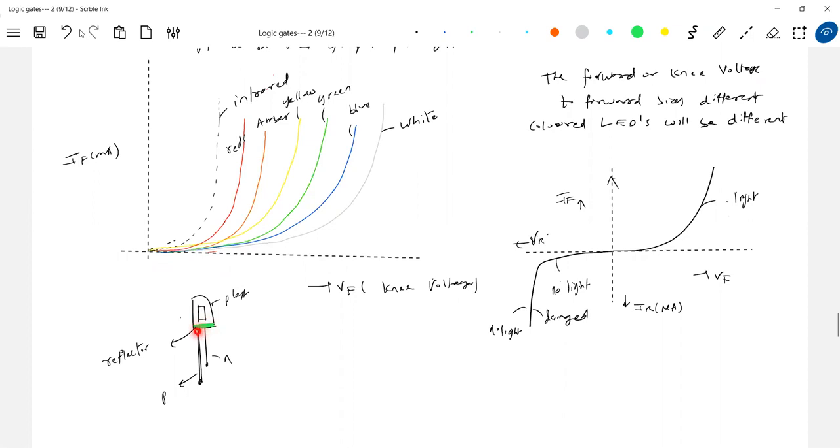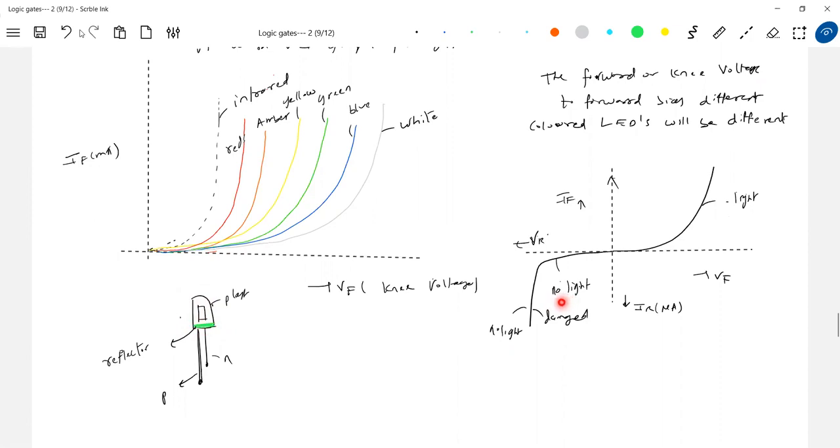The light emitted in this direction is of no use, because this part will go into the mobile. So we use a reflector. Got the idea.